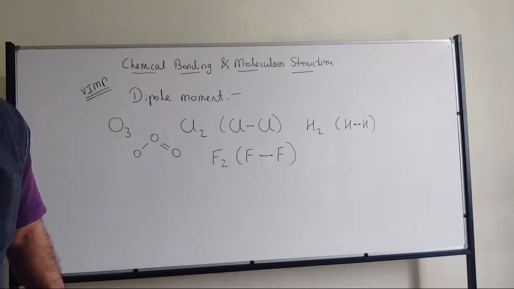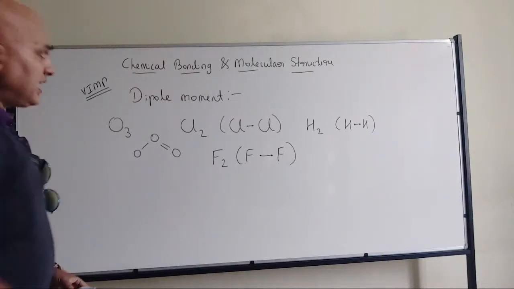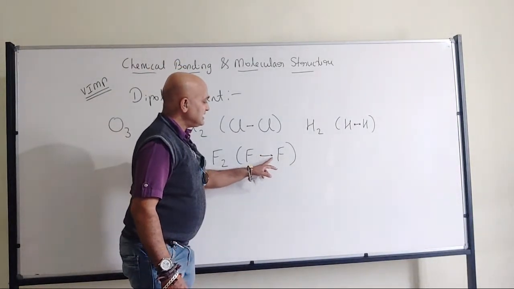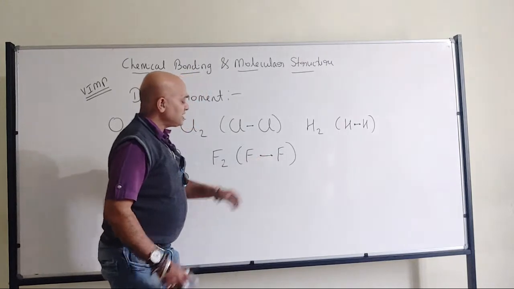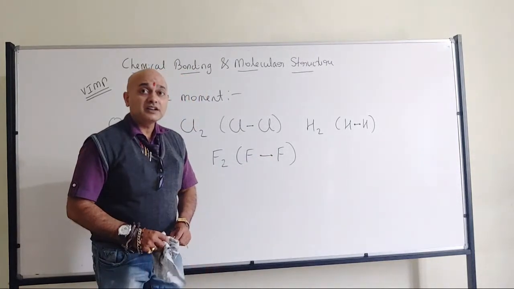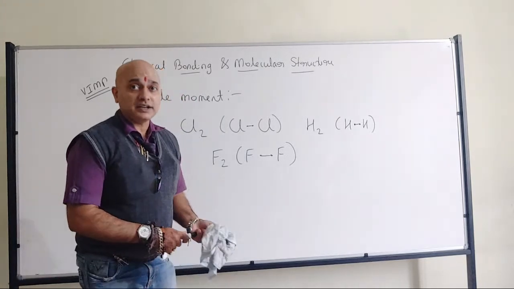All of you have understood? Since both are the same element, these electrons will not be attracted by this fluorine or by that fluorine, because both are equally potent.